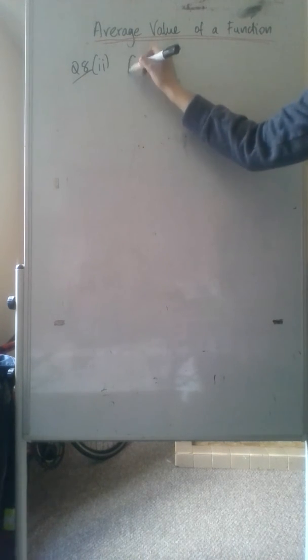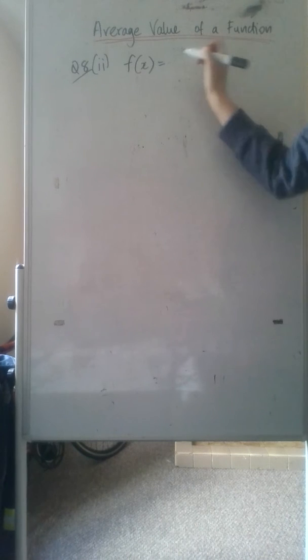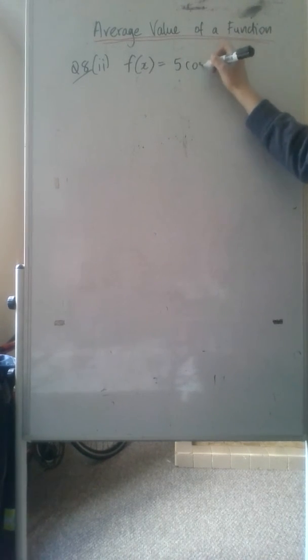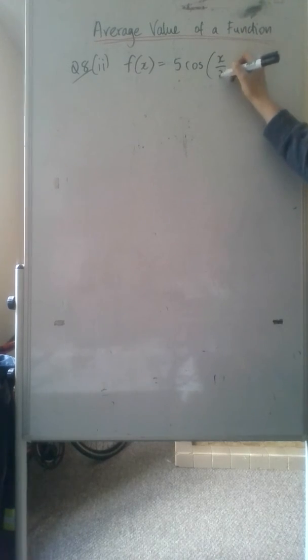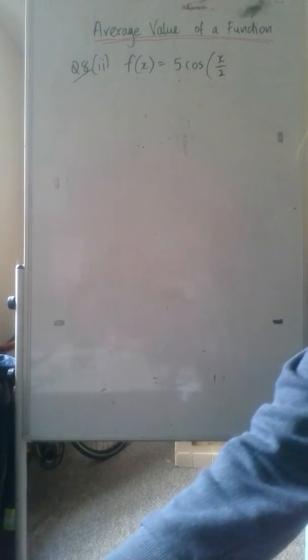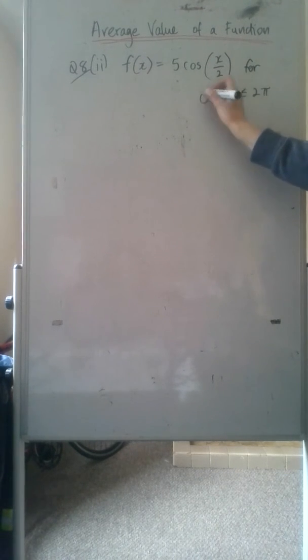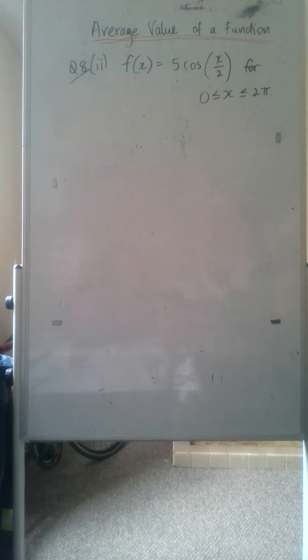So it gives you f(x) equals 5 cos x over 2, for x less than or equal to 2 pi and greater than or equal to 0. So straight away it's asking me average value.